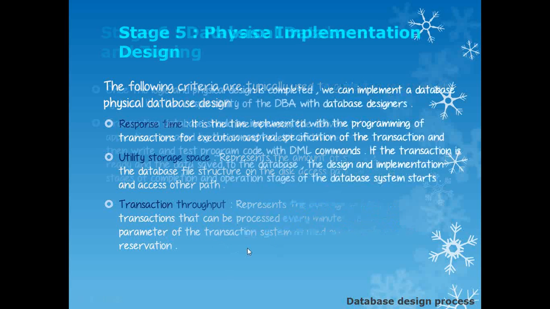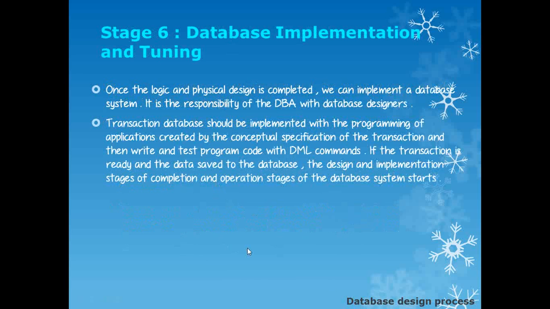Stage 6. Database implementation and tuning. When the logical and physical design are complete, stages 4 and 5, we can implement the database system. It is the responsibility of the DBA, the database administrator, together with the database designers.